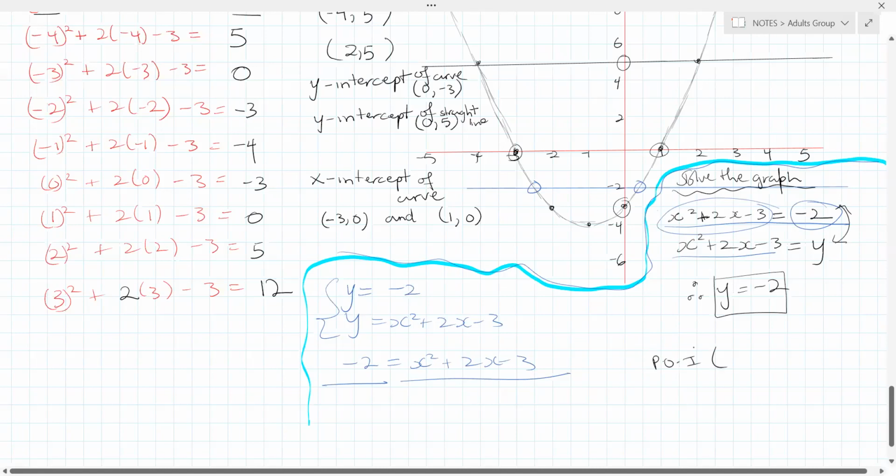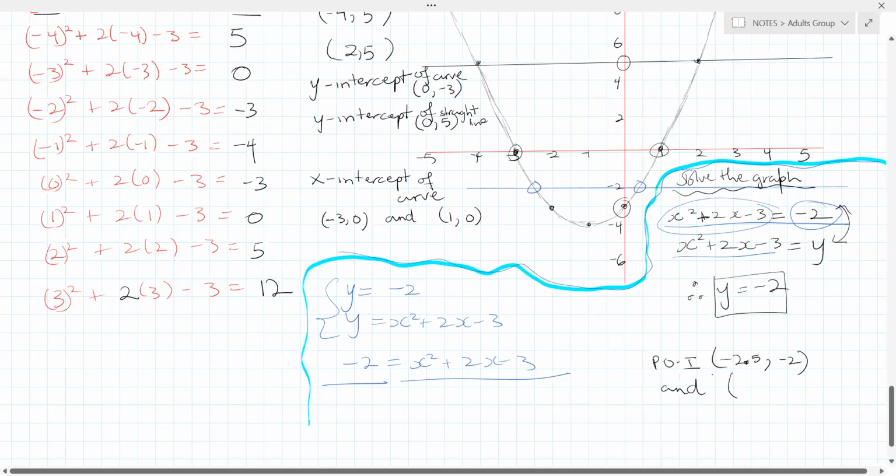What's the points of intersection, y'all? -2.5 and -2. What's the next one? 1 and -2.